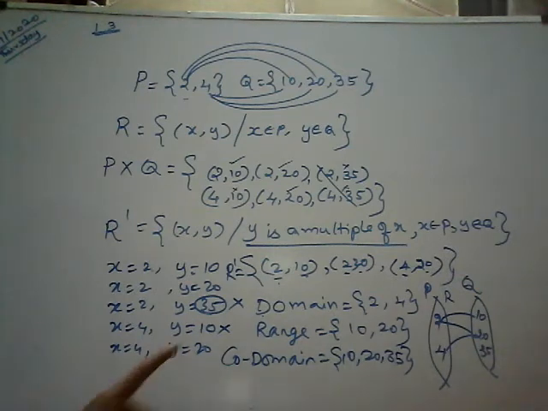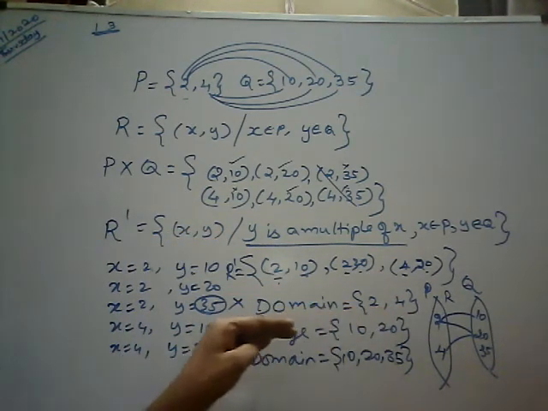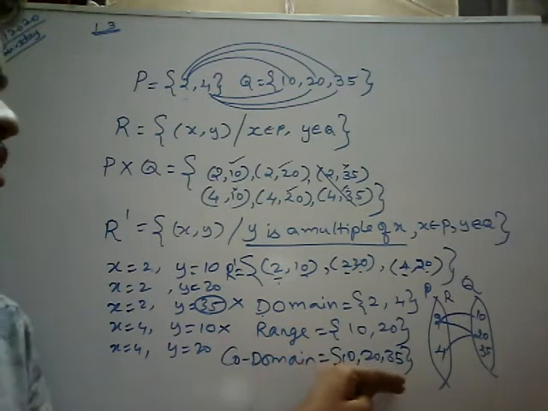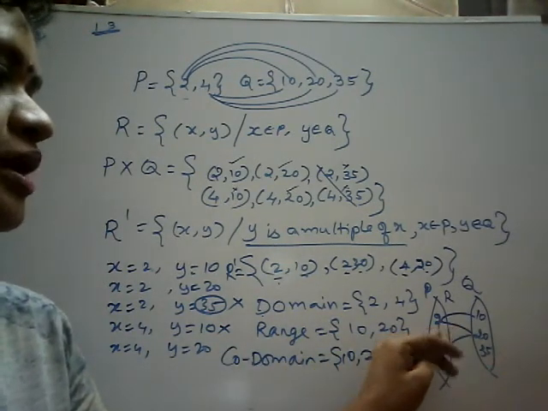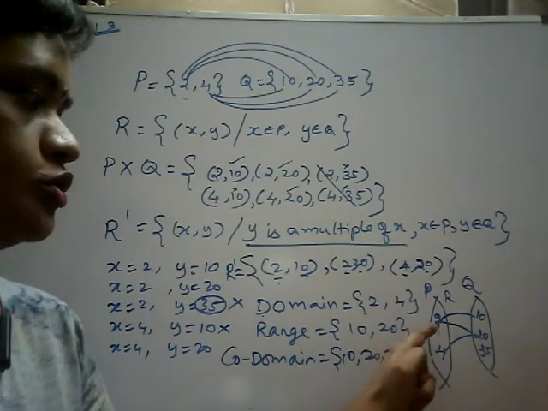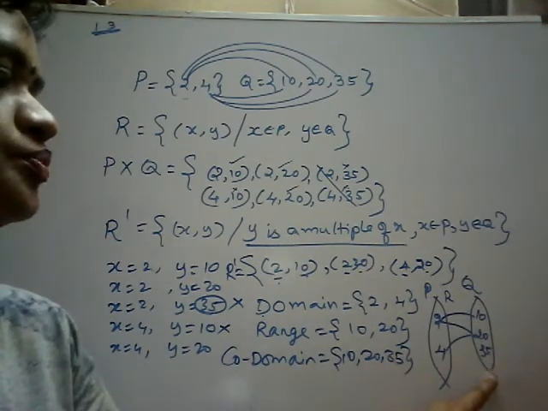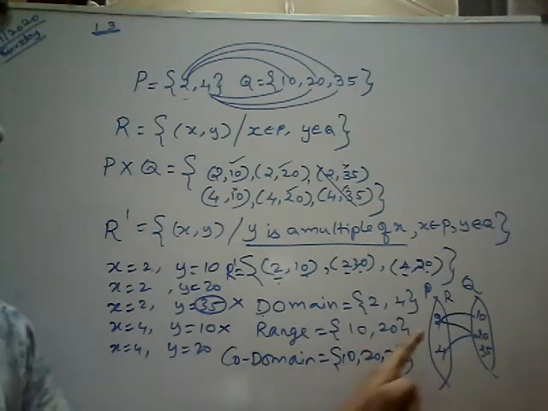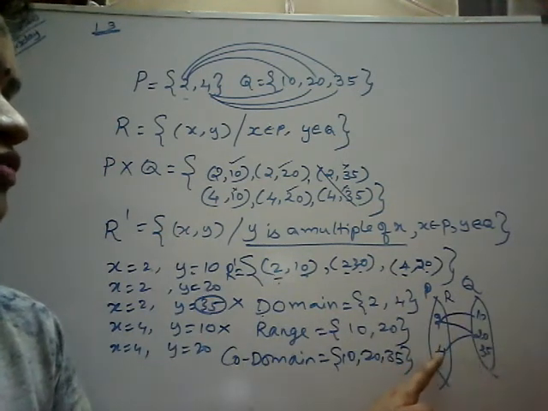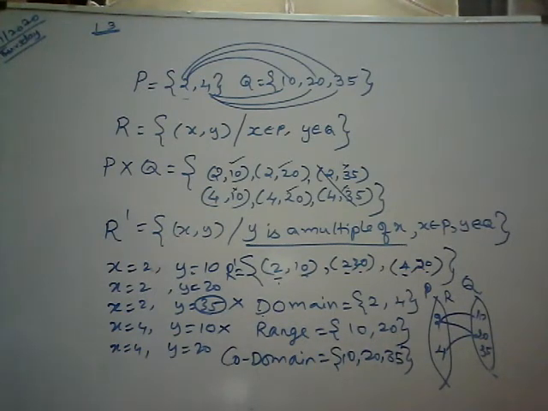Is it clear now what the domain, range and codomain are? In a relation, the first set elements form the domain, the second set elements form the codomain, and the paired elements, the images formed under Q, alone come under the range. 2's image is 10, 4's image is 20, those alone come under the range.